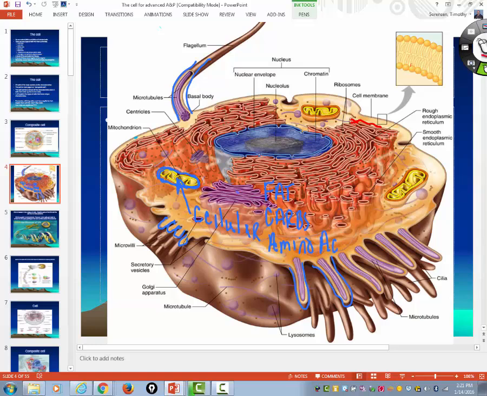And when you break chemical bonds, you release energy. And then the cells capture that energy in the form of this molecule. This molecule is a molecule of adenosine.